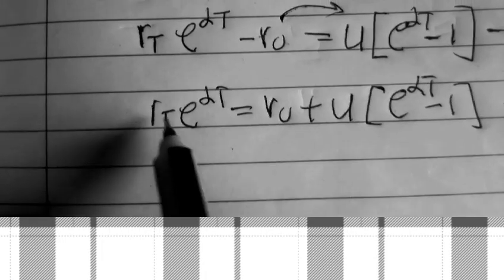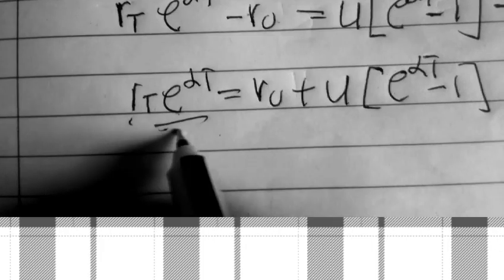So in order to make this R_T the subject, you have to divide with exponential raised to alpha T. So you get the exact solution of the Cox-Ingersoll model.